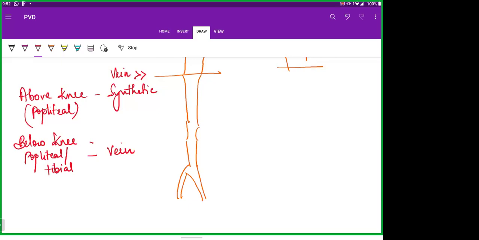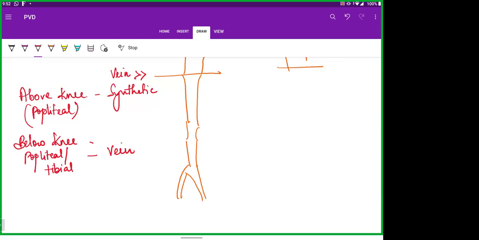So then came the method of non-reversed vein, where you can use something called a valvulotome, where you introduce the valvulotome inside the vein and break the valves manually. So once these valves are destroyed, you can use it in the same non-reversed fashion.